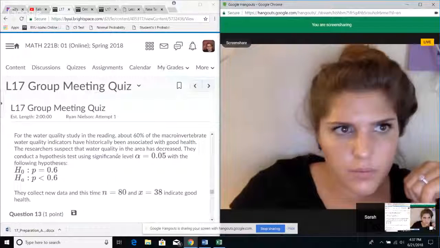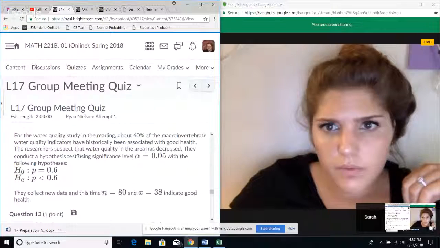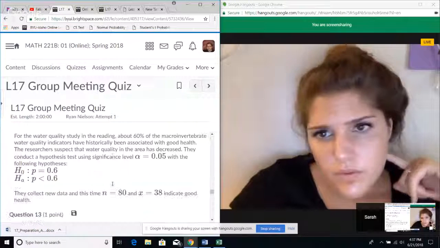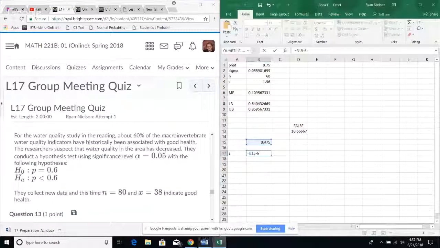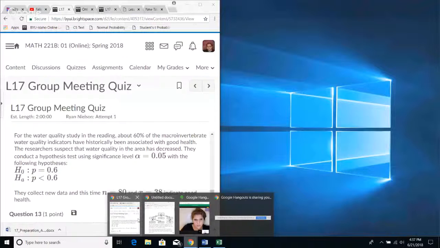I want to make sure I'm reading the same thing. Okay. So first off, 3 or more samples. Are we doing an ANOVA? No. Okay, so that one's gone.